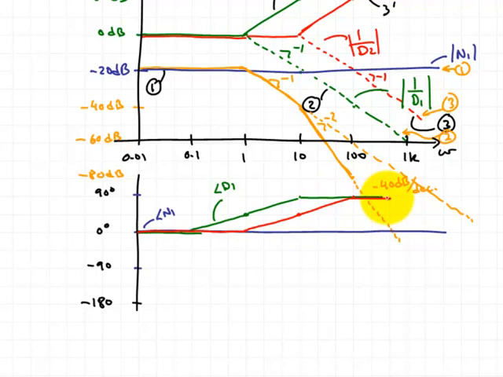And now we have to put these three together. Now, look, in a similar fashion as with the magnitude, since D1 and D2 are in our denominator terms, I can plot the angle of 1 over D1 or D2 this way.